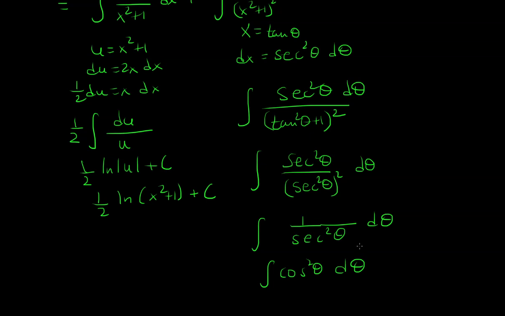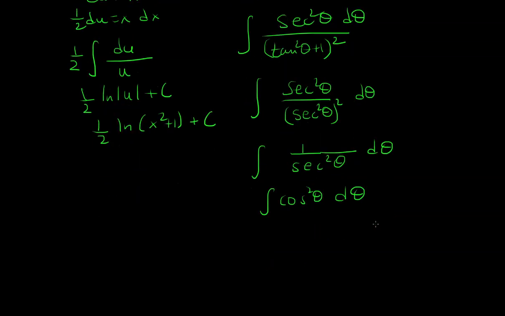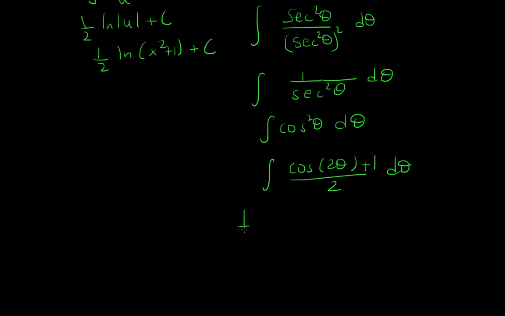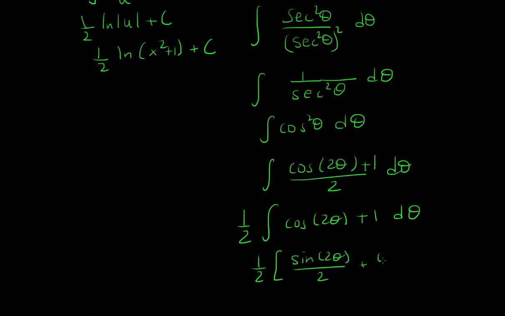Okay. Now from here, I'm going to use a double angle identity. So we're going to rewrite this as (cosine 2 theta plus 1) over 2 d theta, and then we're factoring out the 1/2. Integrating with respect to theta, cosine 2 theta will be sine 2 theta over 2, and then 1 will just be theta over 2.